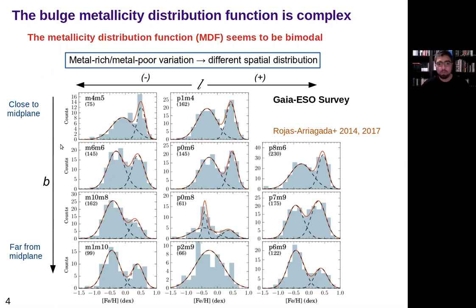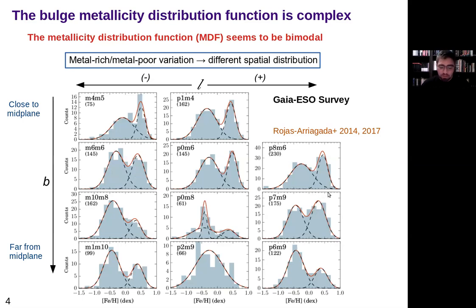Fields which are close to the midplane are here, and fields which are far from the midplane here. The first thing you can see is that in all cases, the metallicity distribution function of bulge stars looks complex. In particular, it has been possible to decompose them using a Gaussian mixture analysis with two components.